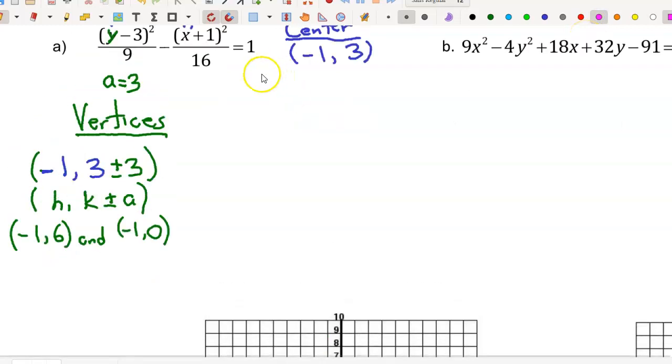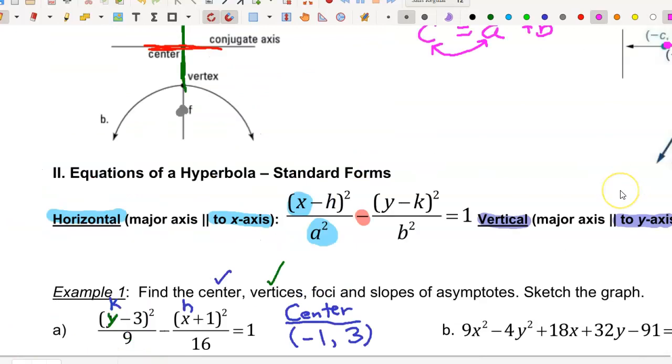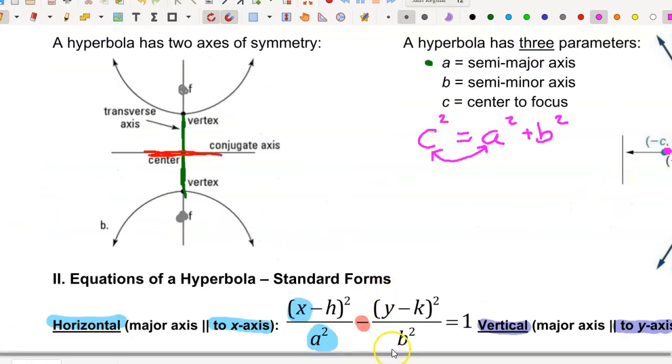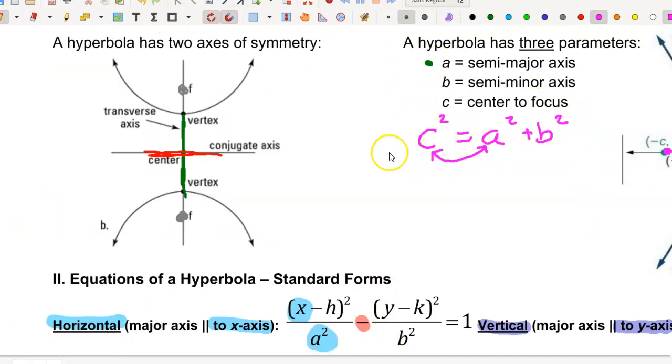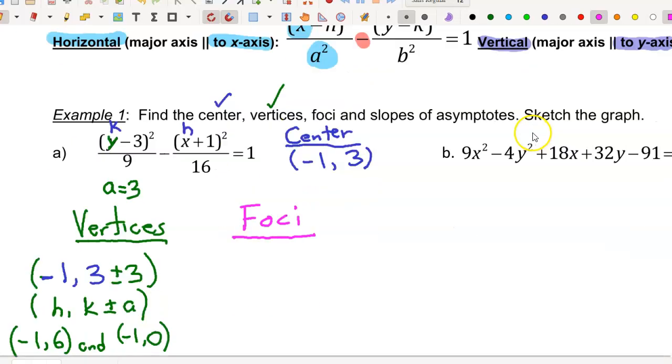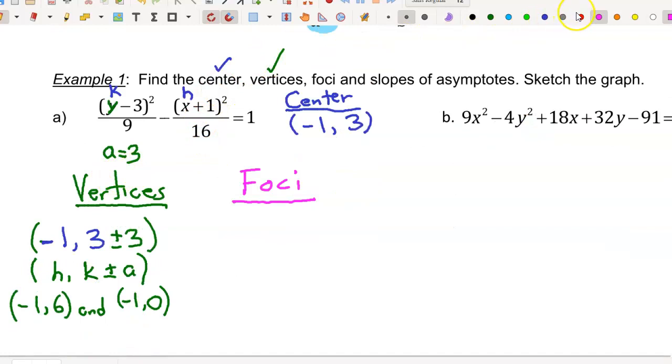Alright, next we could do the, let's say, the foci. Focal points, foci. And that involves the c value. So we're going to use this one right here. Square root of a squared plus b squared, Pythagorean theorem. We need b, so let's get b. 16 is b squared, so b is 4.